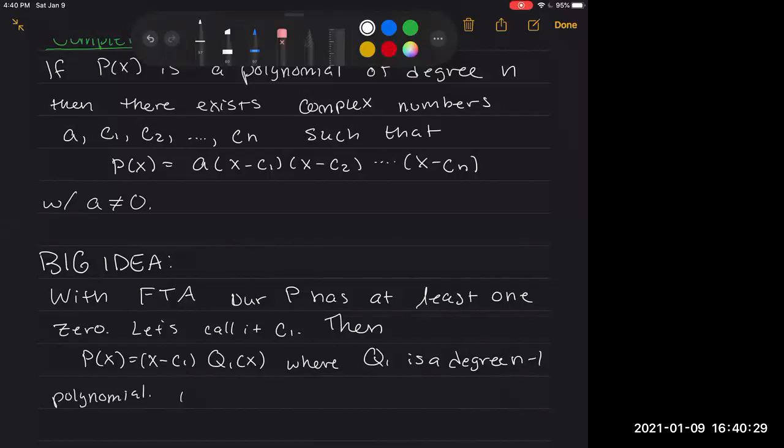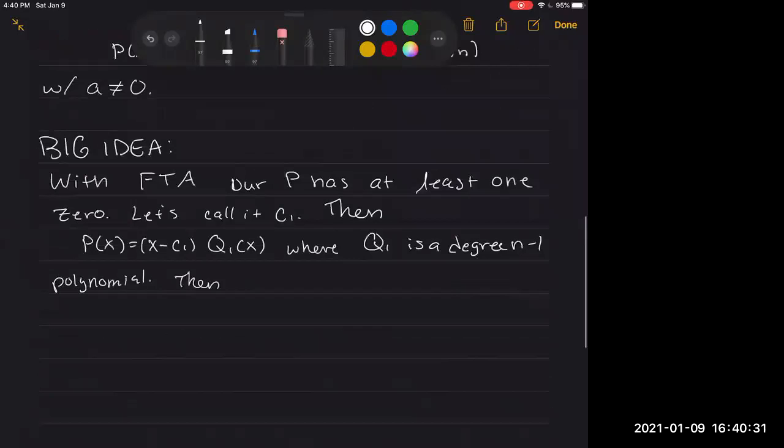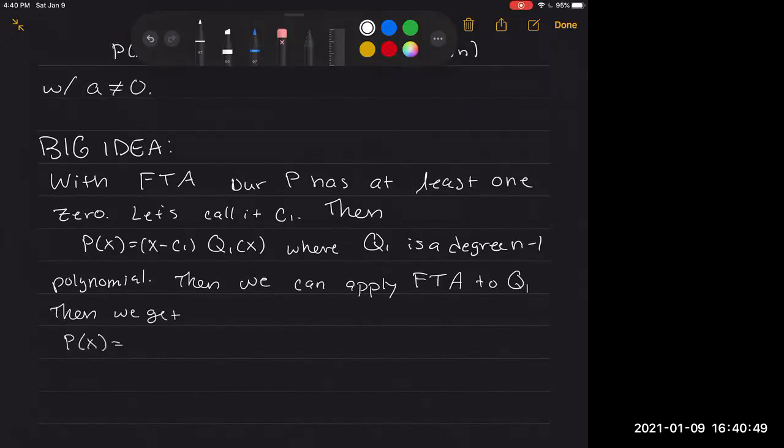Then we can apply the fundamental theorem of algebra again. And then we get P of x equals (x minus c1), and our new zero we'll call c2, (x minus c2), and we'll call our next one Q2.